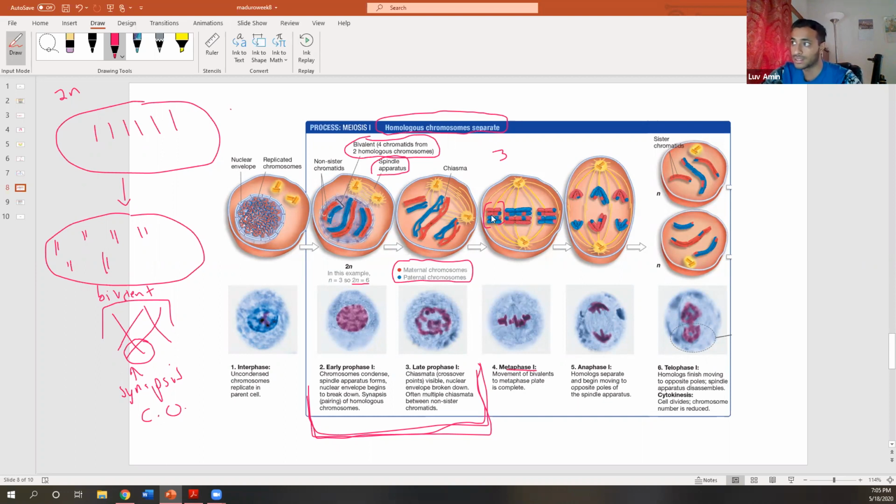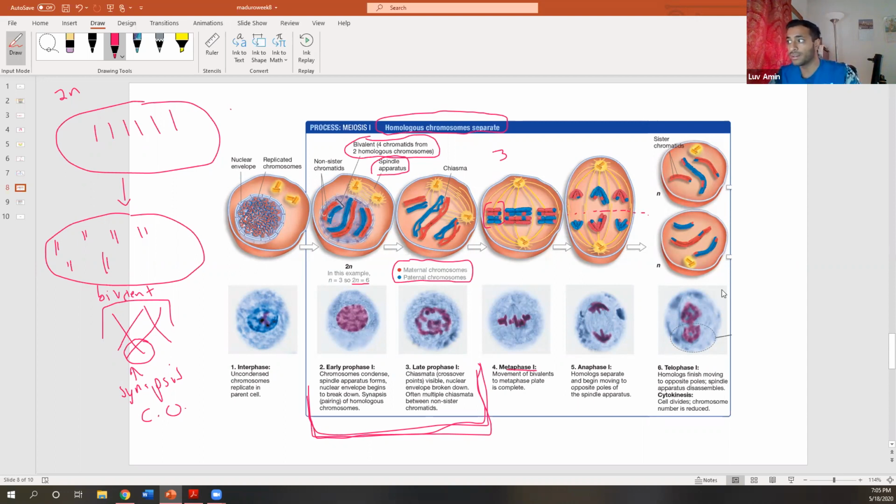We see that we have 1, 2, and 3. And as you can see, there's a mix of red and blue, so that means that crossing over occurred, and each chromosome has its own specificity at this point. And so these spindles will attach to each chromosome and pull them apart, just like you see in mitosis. In anaphase, they start getting pulled apart, and we form 2 different cells.